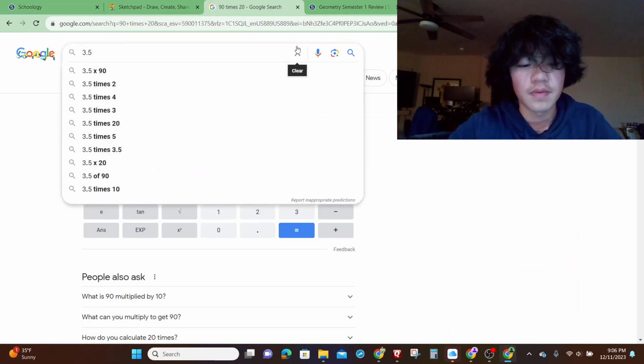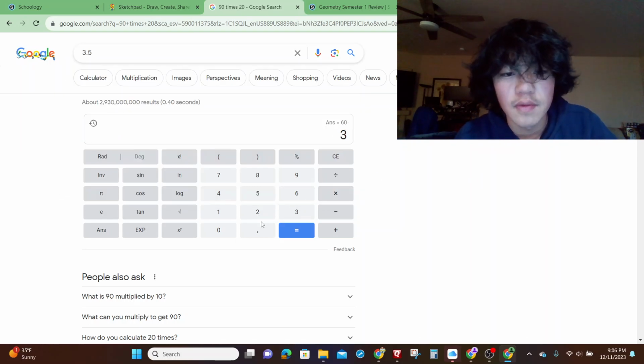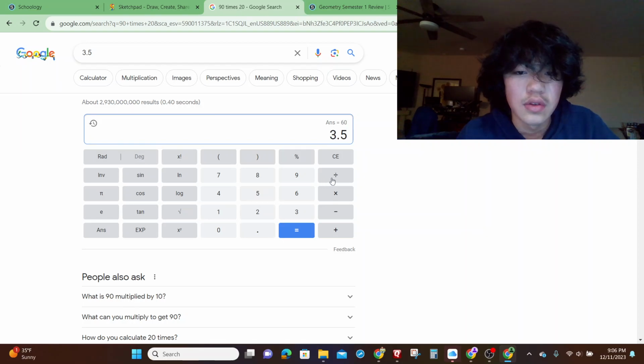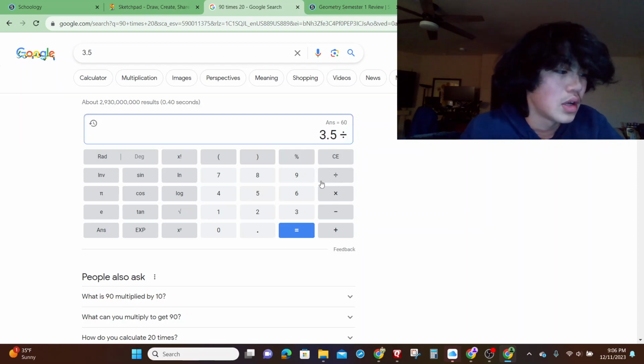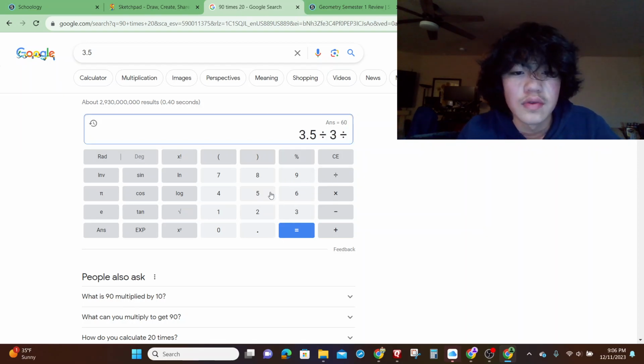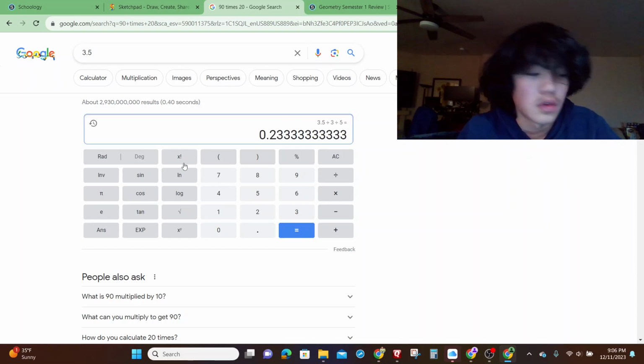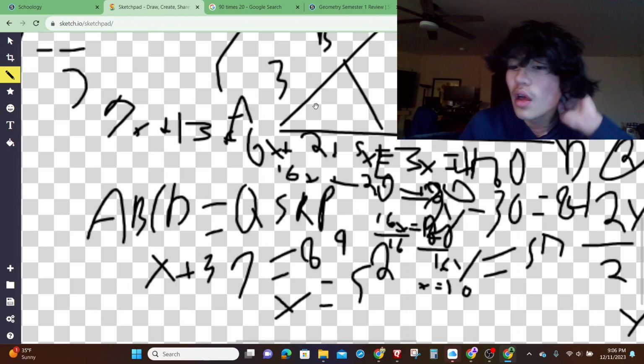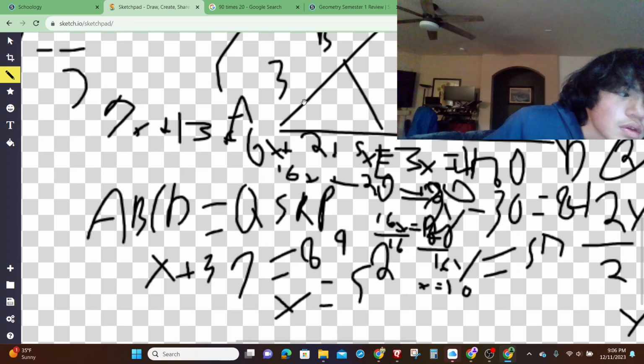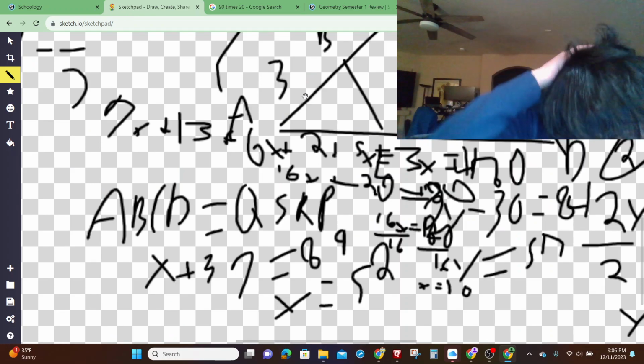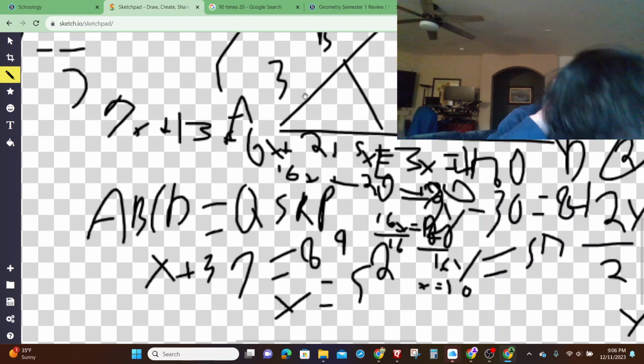3.5 divided by 3 over 5 gives us the value of x.